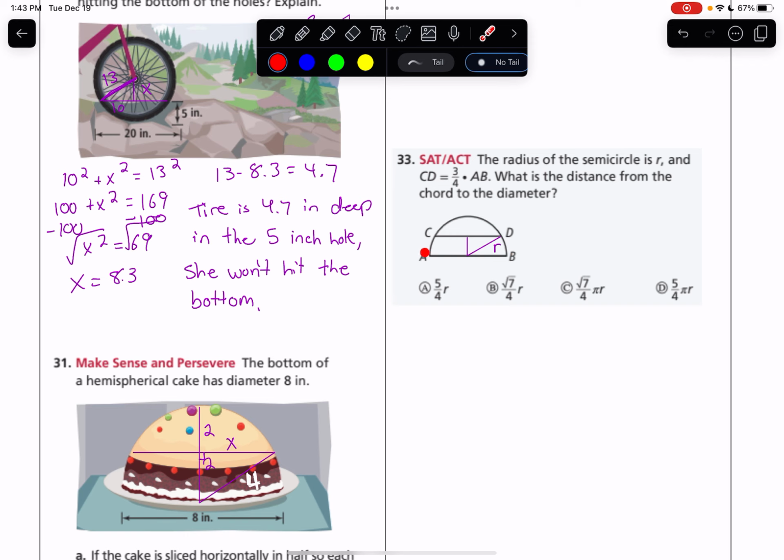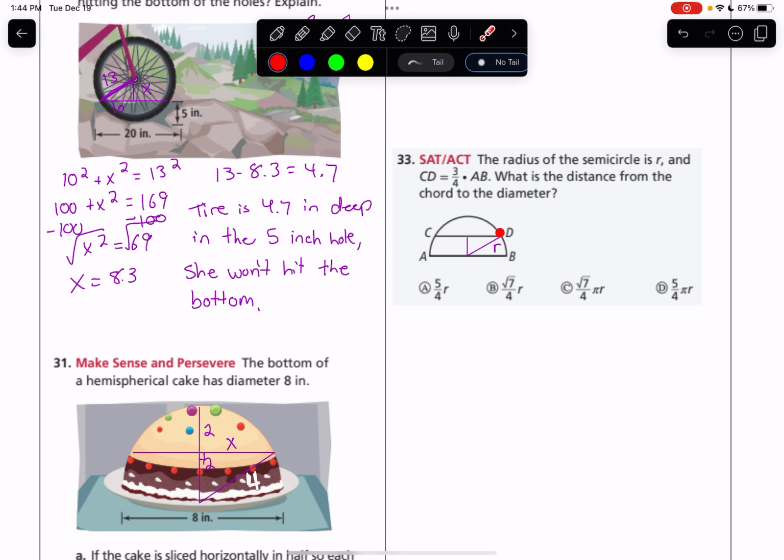So that means that, let's see, if CD is 3/4 the length of the radius, that means that the diameter, CD is also 3/4, I can't talk. It's not half the length, it's 3/4 the length of the diameter. So CD is 3/4 of the length of the diameter, which also means that D to the center is 3/4 the length of the radius.